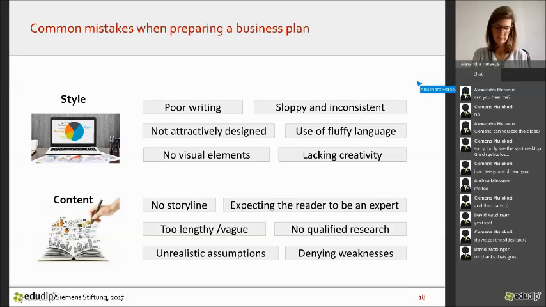Also, it's very okay to have weaknesses. I've read business plans that say: we are very good in this and that. In this field, we have tried this and that, and it hasn't worked, but we're now looking at this and that to do it differently, and we hope to have an answer by August 2017, whether it works or not.